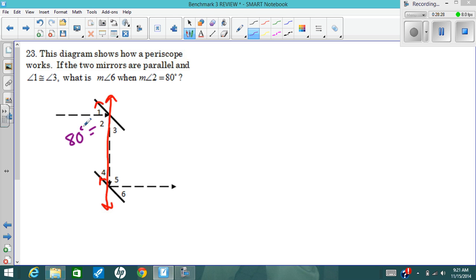We want to know what angle 6 is. These three angles, 1, 2, and 3, should add up to 180. So that means 1 and 3 combined must make 100, since angle 2 is 80 degrees. And 1 and 3 are congruent, meaning they're equal. So if they add up to 100 and they're equal, that makes each of them 50.